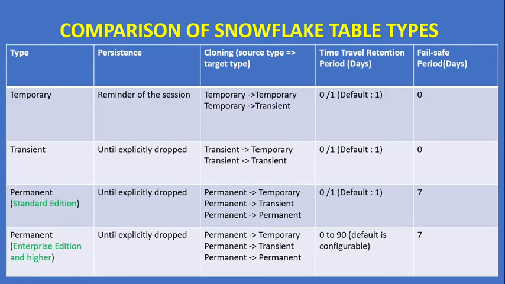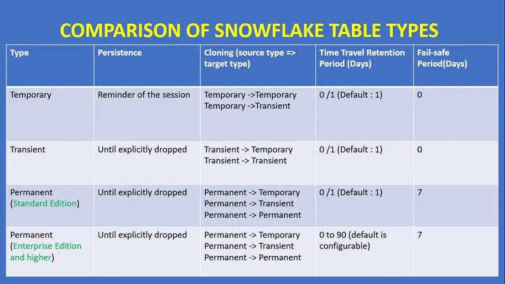Now let's see the comparison in terms of table persistency, cloning, time travel retention period in days, and fail safe period. Here, the basic difference between cloning and time travel retention period: cloning is nothing but zero copy, where we can take a backup of data at the present, whereas time travel retention period is nothing but a historical data backup.